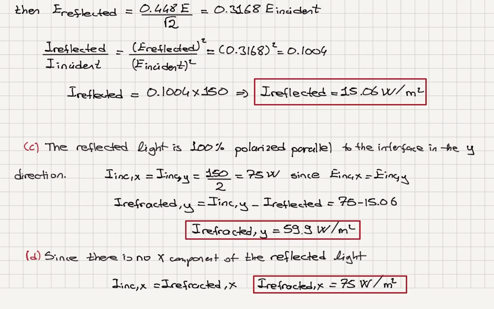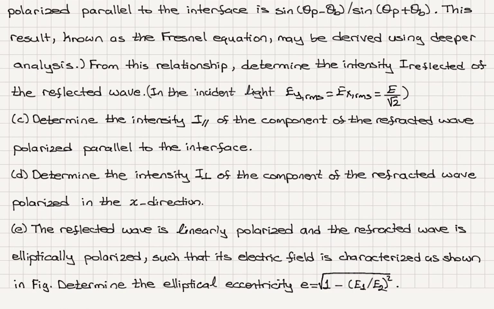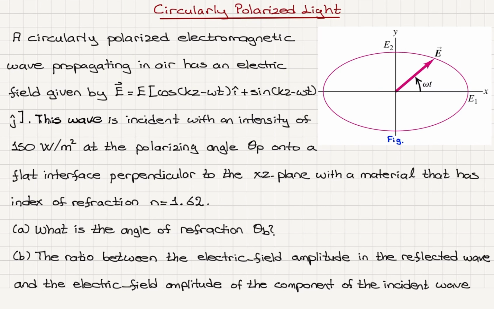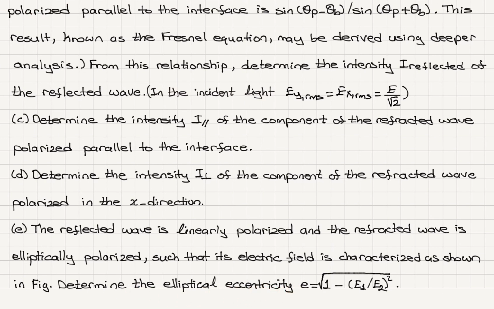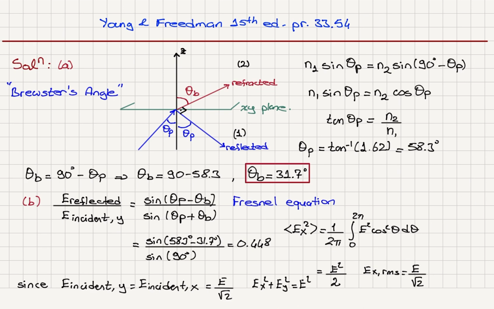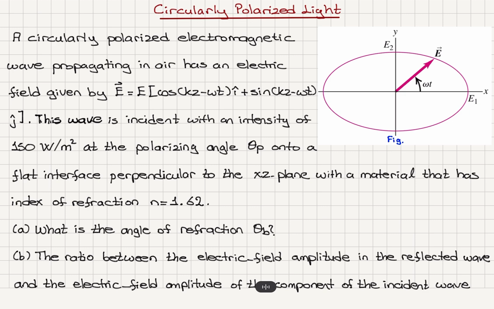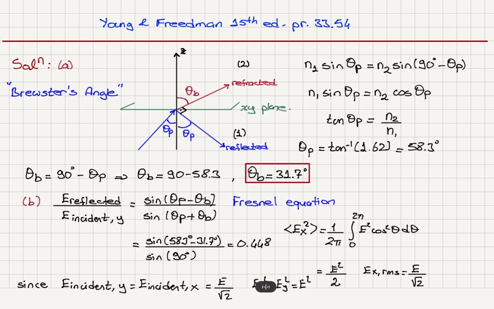All right. And part E, the reflected wave is linearly polarized and the refracted wave is elliptically polarized, such that its electric field is characterized as shown in the figure. So this is the elliptically polarized wave. Determine the elliptical eccentricity, which is square root of 1 minus E1 over E2 parentheses squared. So E1 is the component along the x-axis, E2 is component along the y-axis for the elliptically polarized wave.